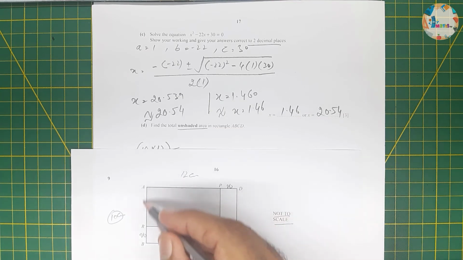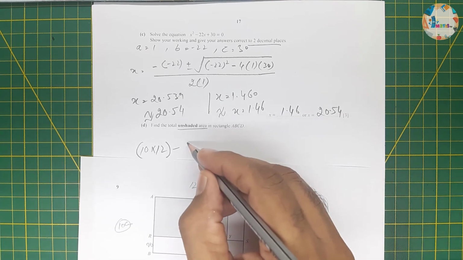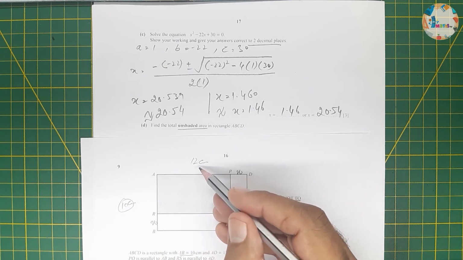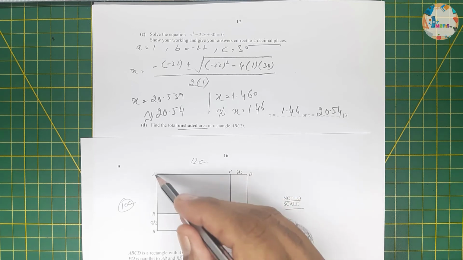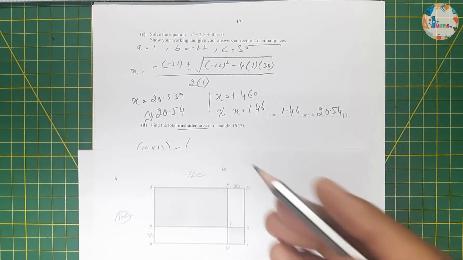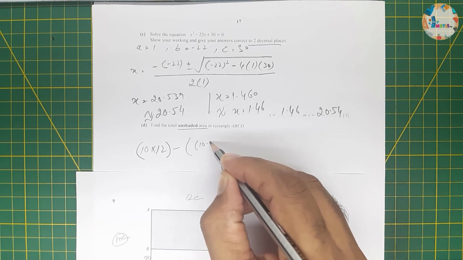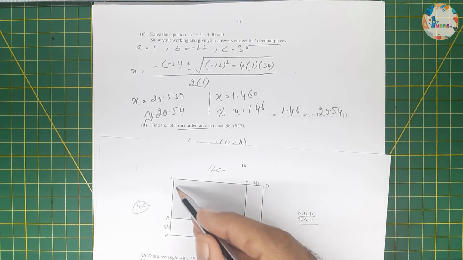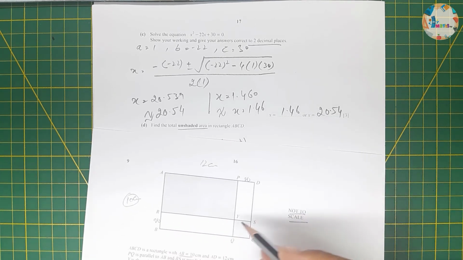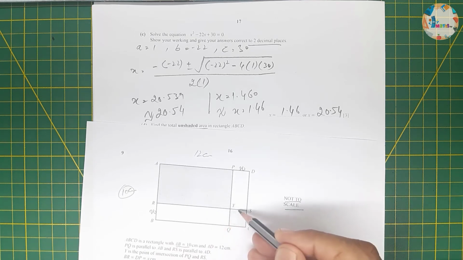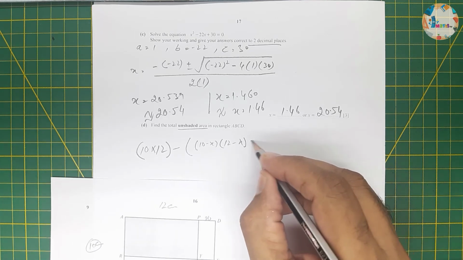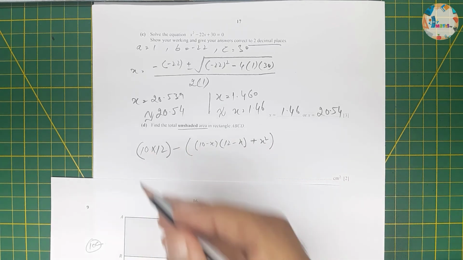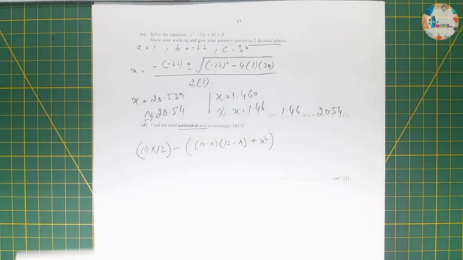And the shaded one is this portion, which is 10 minus x by 12 minus x. This is 10 minus x, and this is 12 minus x. So 10 minus x into 12 minus x. This is for this bigger rectangle, and for this square, this side is x, this side is also x, so this will be plus x squared.